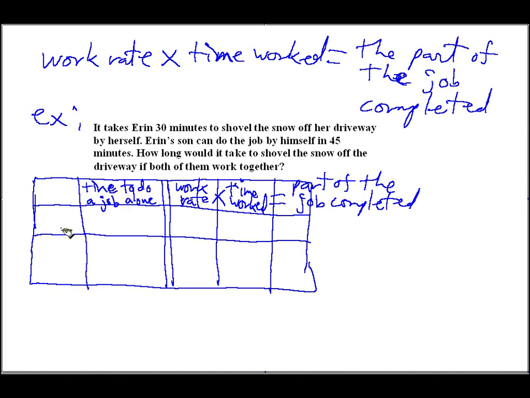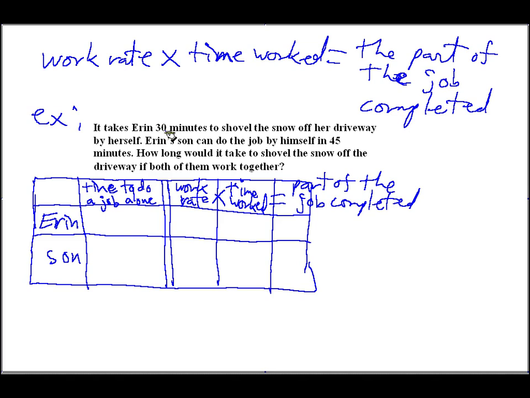Now, what goes in these two boxes? Well, you may have figured it out already. We put the parties at work, in this case, Erin and her son. Now, how long does each person take to do the job all by themselves?